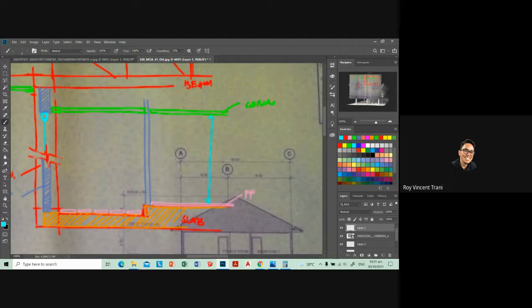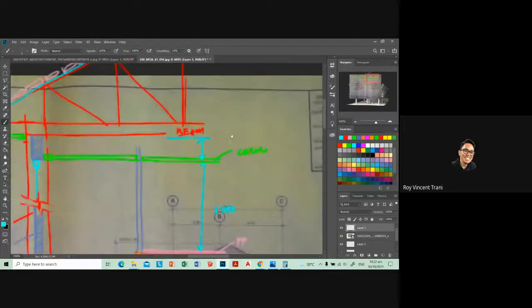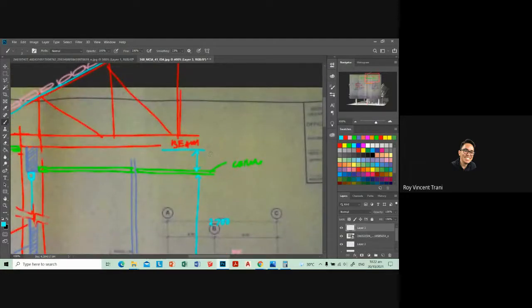So this would be, as we mentioned before, 2,700. From beam to ceiling, for an average house, would be about 200 to 400.